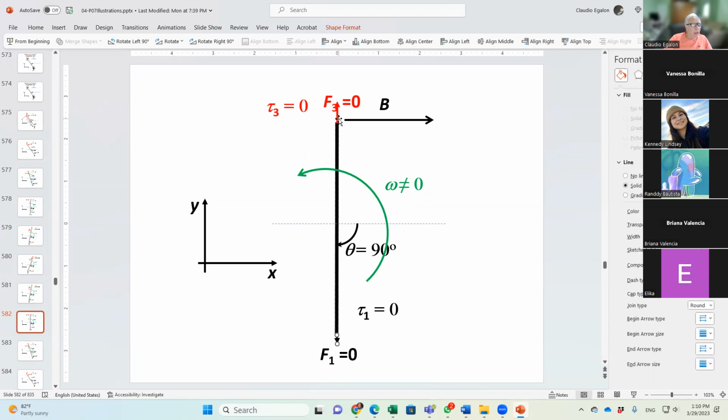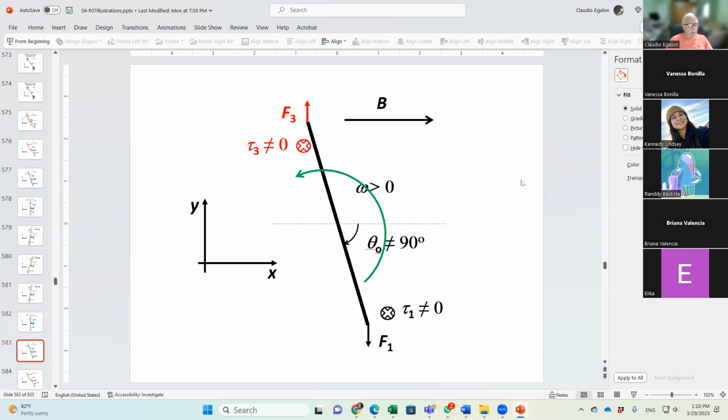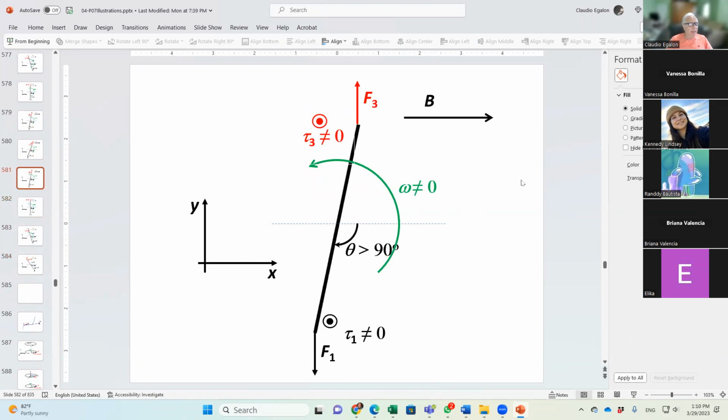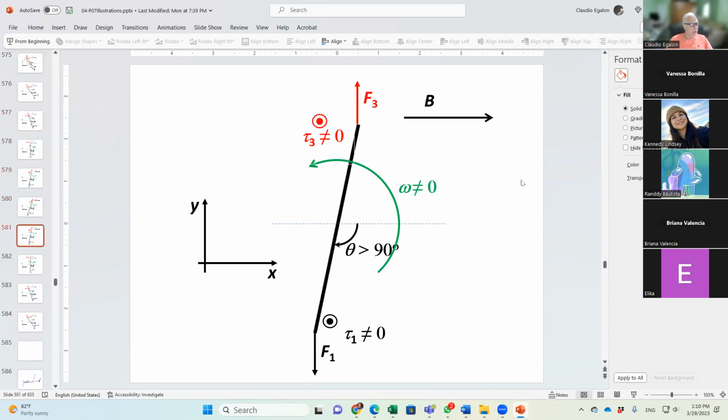I'm going to put an arrow very short. And let's not forget, this force is changing according to the angle between the normal and the field. And we're going to complete a full oscillation. It's going to keep on oscillating back and forth, just like that, unless you do something else.